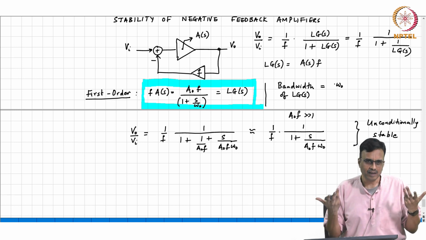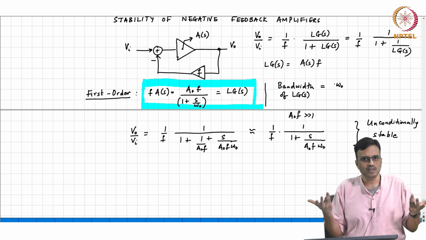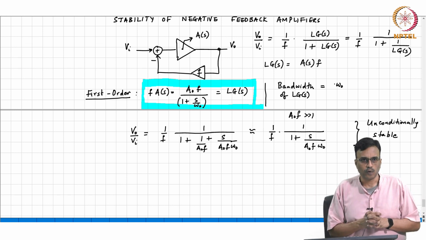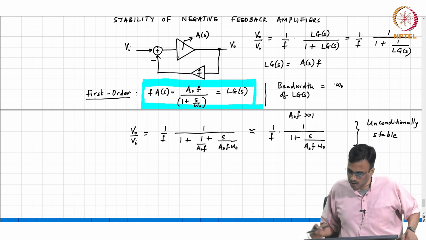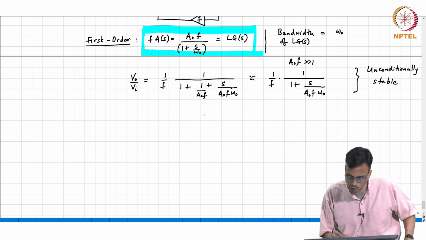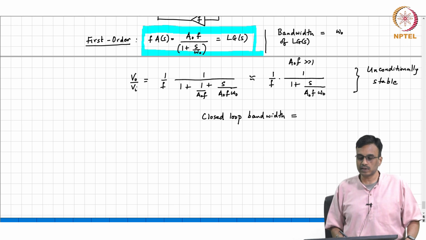So you might think that beyond omega naught, this feedback loop is simply not working because the loop gain is falling off. All right. However, if you look at the closed loop bandwidth, what is the closed loop bandwidth?